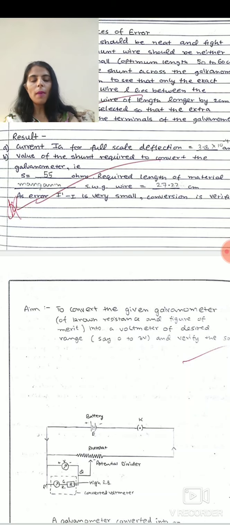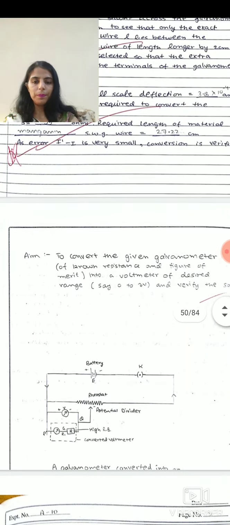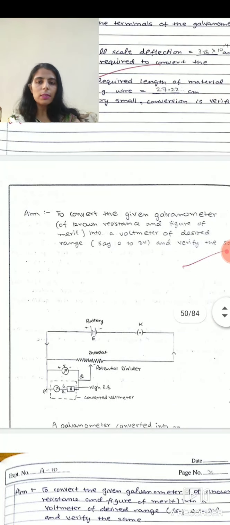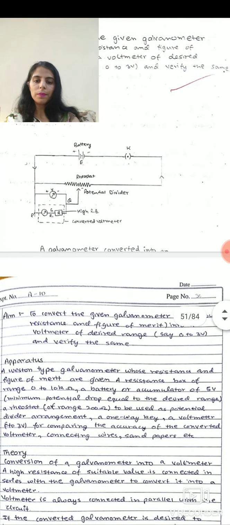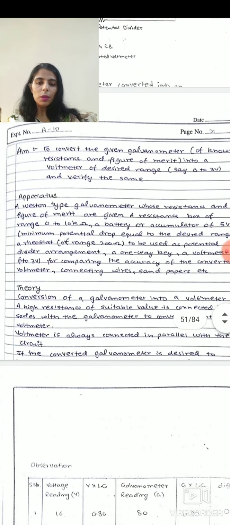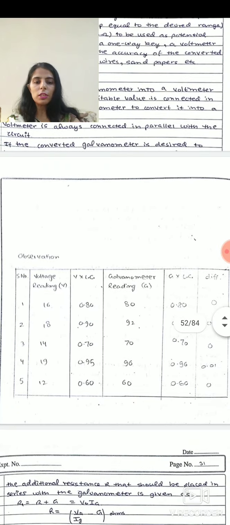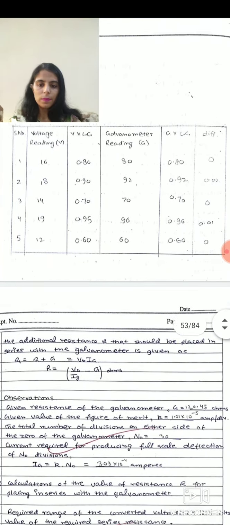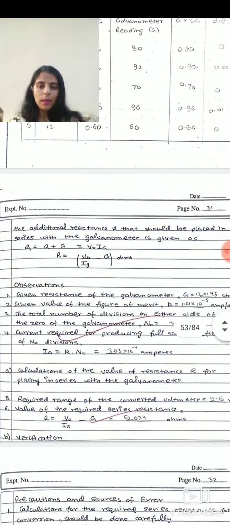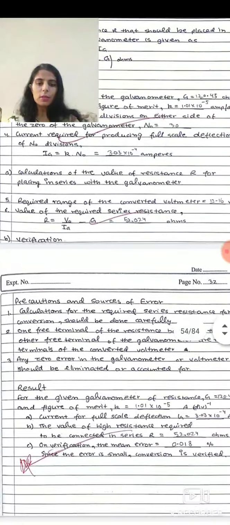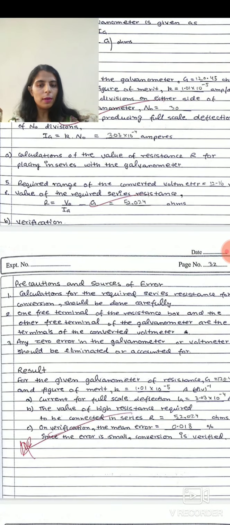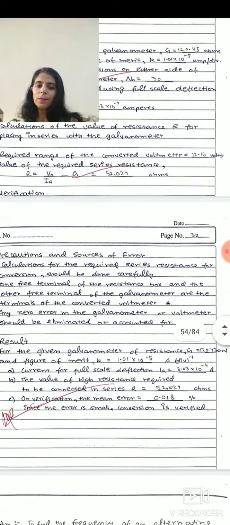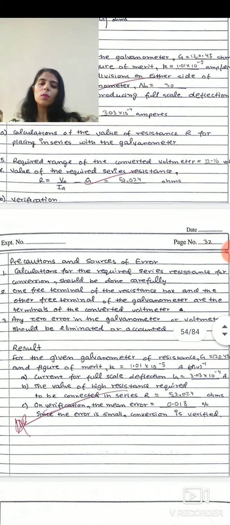You have to perform any one of them. Now draw the circuit diagram on the left hand side, aim, apparatus, theory on the right hand side, then observation table on the left hand side. Again observations, calculations, precautions and sources of error on the right hand side, and result must be written on both sides.